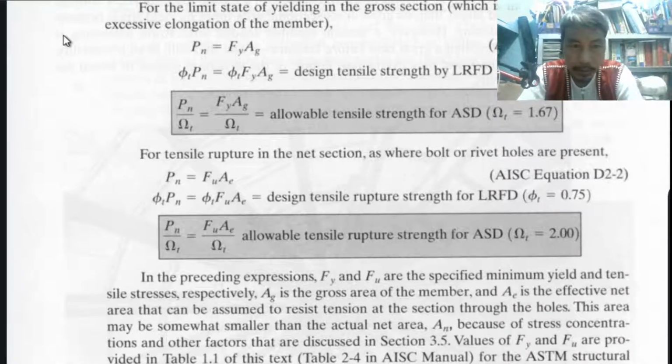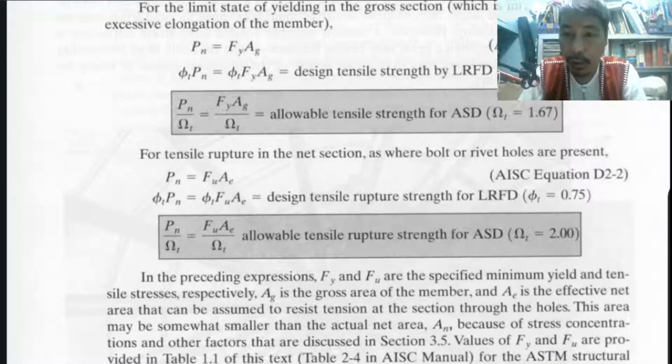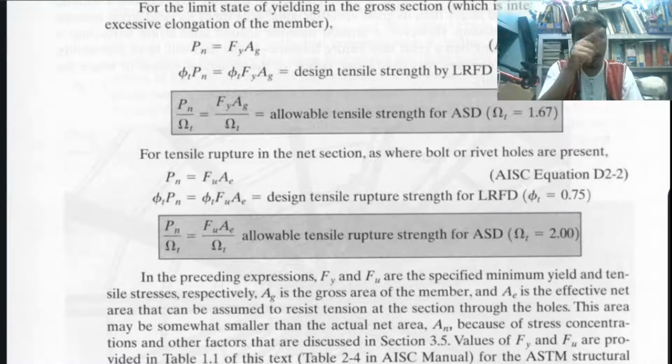In the preceding expression, Fy and Fu are the specified minimum yield and tensile stresses respectively. So take note of the definition. Fy is the minimum yield. That is a yield value, but we have to use the minimum one. There are two extremes on yield. On the graph there is an upper yield point and a yield point going down.